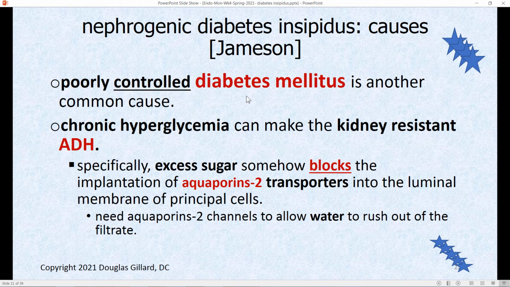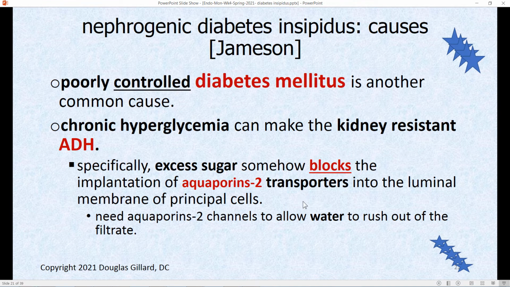Another common cause is diabetes mellitus that isn't controlled very well, and we just talked about that mechanism. Chronic hyperglycemia affects the kidney. We talked about how the sugar in the urine can bind water too, right?